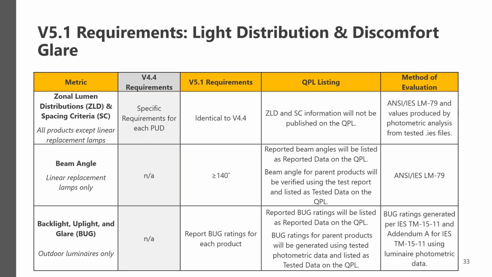Additionally, BUG ratings for parent products will be generated by DLC using the tested IES files and listed as tested data. So these are the light distribution and discomfort glare requirements for standard products.